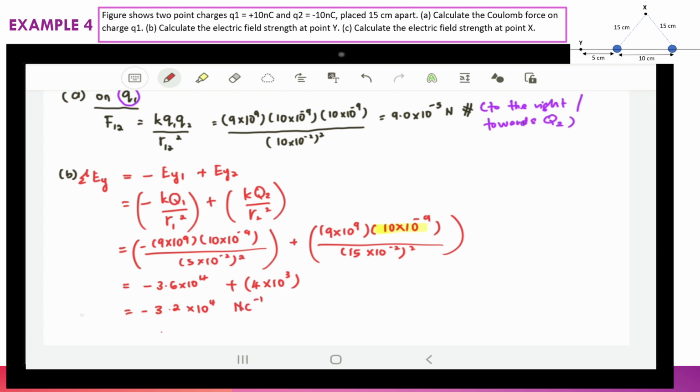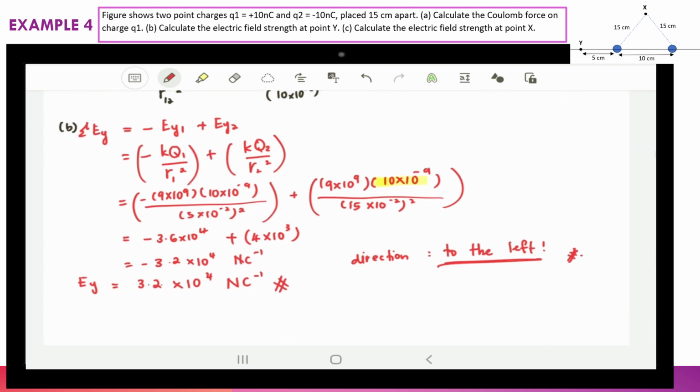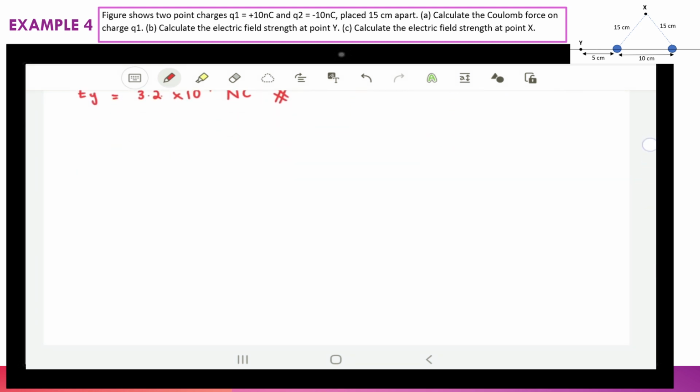Therefore, the magnitude of the electric field strength at Y is equal to 3.2 times 10 power of 4 Newton per Coulomb. And the direction, since the answer is negative, so the direction is to the left. Okay, so finish part B, and now let's proceed to part C.